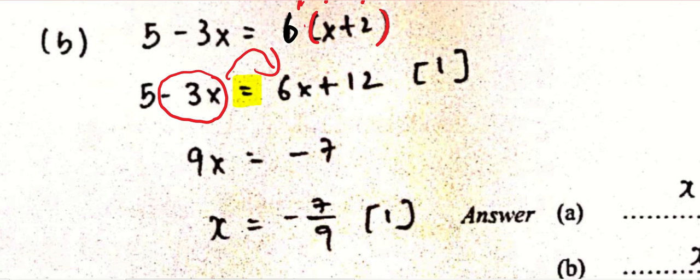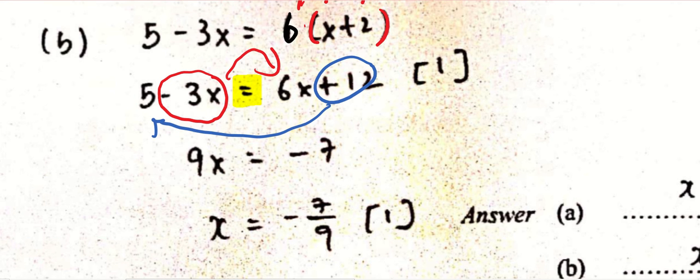You can choose to throw this 6x over here, as we have been doing, throw all the x to the left hand side. It kind of doesn't matter, up to you, right? So long as all the variables are on one side of the equal sign, the constants are on the other side, we are done. So here 3x throw over, and then the plus 12 throw over the equal sign.